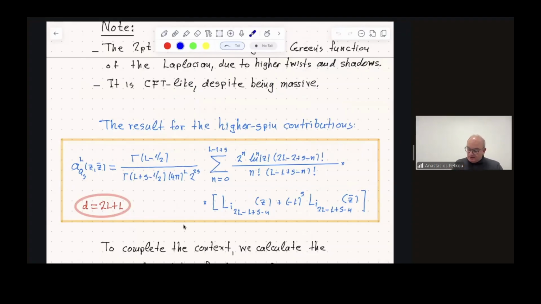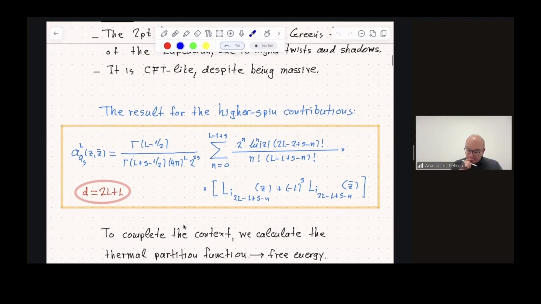Now, I write the formula for the coefficients here. And it is a complicated formula. Since this is complicated, we simplify it by choosing the dimension of space-time to be odd, and because it is odd, I write it as 2L plus 1.